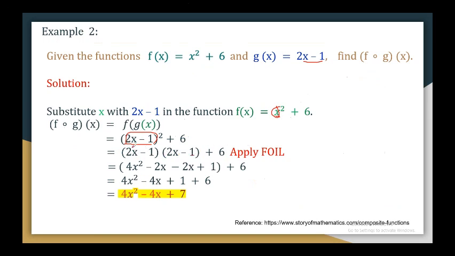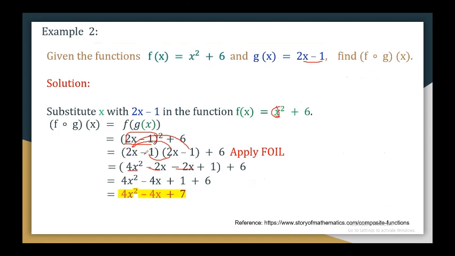So the first term is the product of the first term, which is 2x times 2x. We have 4x squared. Next is the outer term. We have 2x times negative 1. We have negative 2x. Then the inner term, which is negative 1 times 2x, we have negative 2x.